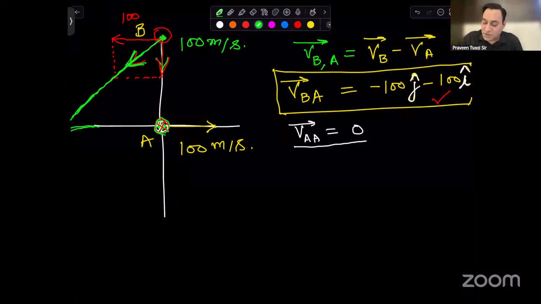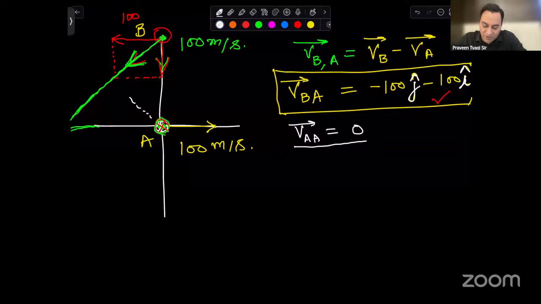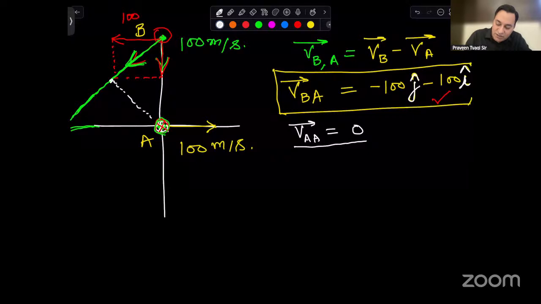Now, if I ask you, what is the closest distance they will come? What is the distance when they come closest to each other? If all of you can understand this, I drop a perpendicular. If A is at rest, B is moving along this line, then the closest distance on this line will be the perpendicular that is dropped from this point on this line. This will be the closest distance.